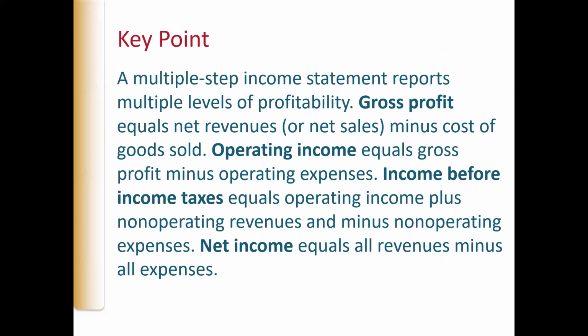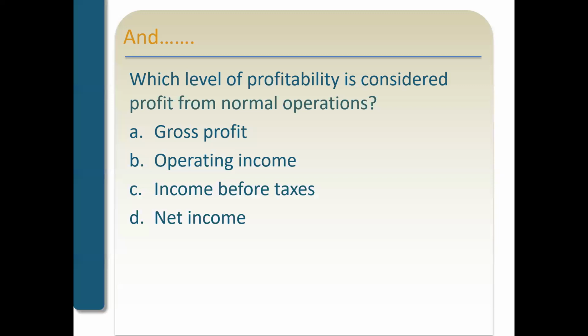Income before income taxes equals operating income plus any non-operating revenues and non-operating expenses. And then net income equals all revenues minus all expenses. Okay, pretty straightforward. Again, keep a multiple step income statement beside you so you understand the different levels.